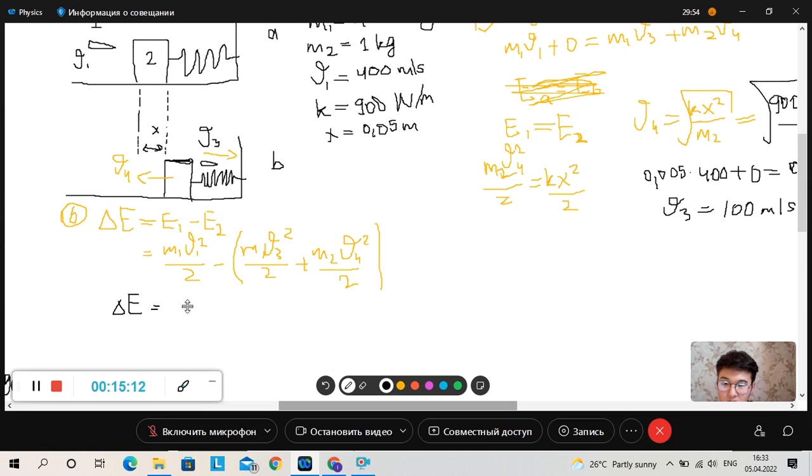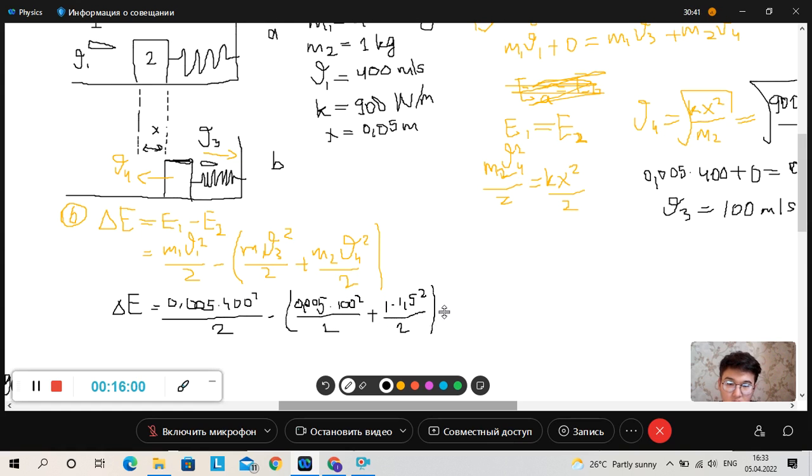Loss energy is equal to 0.005 multiplied by 400 squared divided by 2, minus 0.005 multiplied by 100 squared divided by 2, plus m2, which is 1, multiplied by 1.5 squared divided by 2.